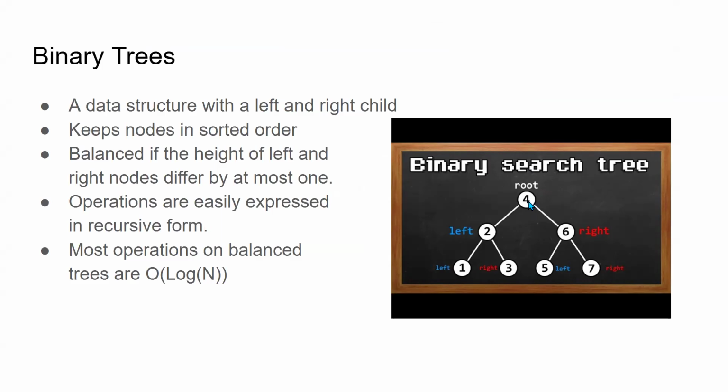If we want to find something, we start at the root. If it's less than the root, we go left. If it's less, we go left. We keep looking at each node individually, because each node is the head of its own tree, if you want to think about it that way. And so if we want to add, get, or put anything onto a tree, find the height, or find the node count, it's always recursion.